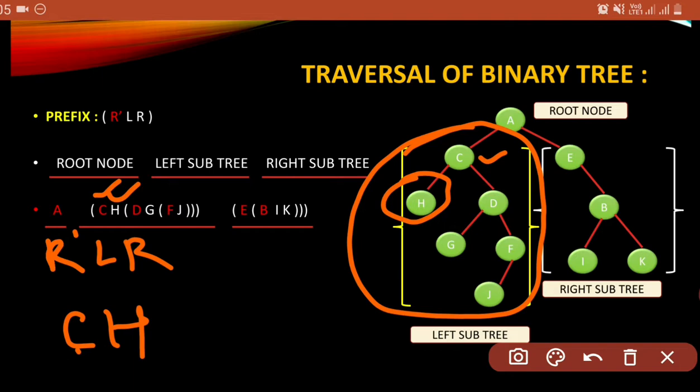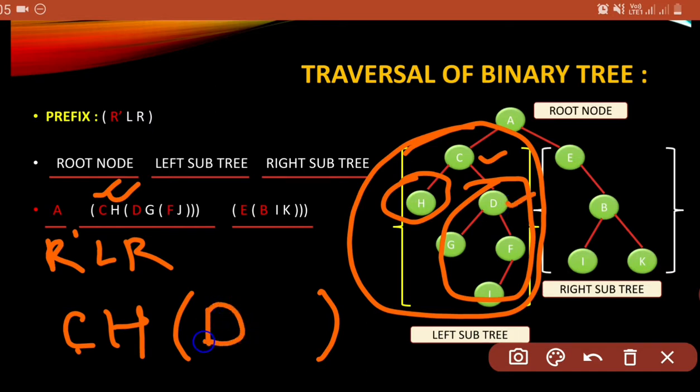Now again we are having a tree inside it. Inside it we are having one more tree, and again we have to follow the same rule: root, left, right. In this tree we are having a root that is D. That's why I'm writing D here. After D I have to write root and then left. Left is G. And then right.